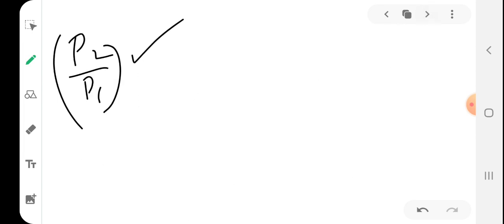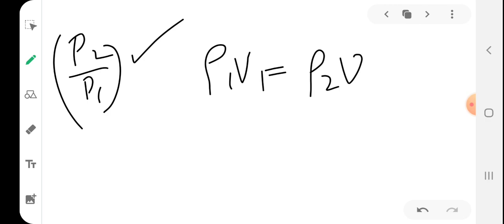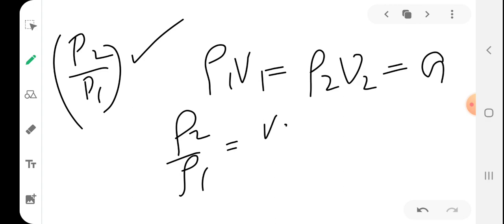So we can use the continuity equation: rho 1 V1 equals rho 2 V2 equals some G. So rho 2 by rho 1 can be written as V1 by V2.